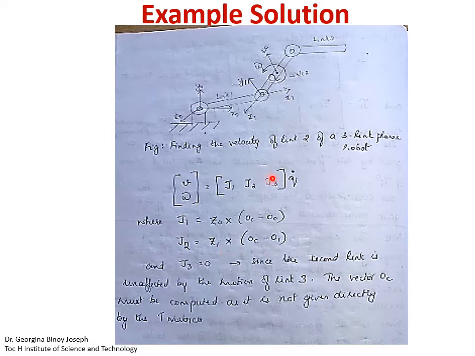What about J3? J3 is now not important to us. J3 is associated with link 3. We are asked to find the linear and angular velocities associated with the center of link 2, so the movement of link 3 is not going to affect it. So we can take J3 equal to 0 in this particular problem. Now let us see how we can determine Z0, OC, O0, all those things, in the next example.